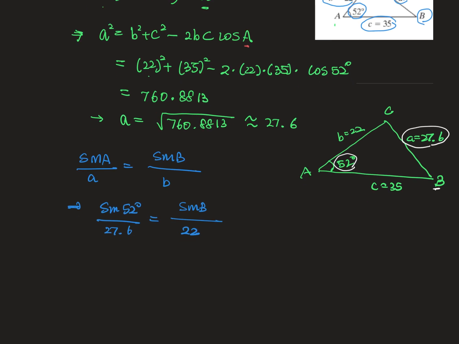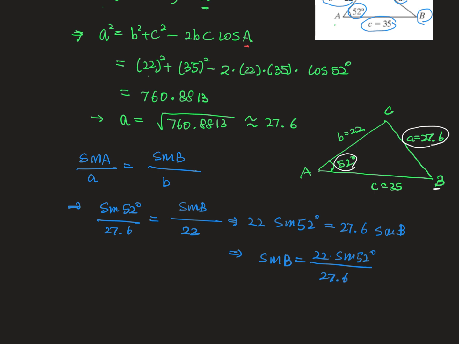Let's solve this one, then you find angle B. So 22 sine 52 degrees equals 27.6 sine B, so sine B equals 22 sine 52 over 27.6.